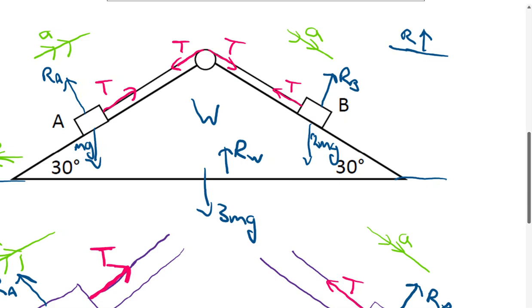So what's actually happening here is if A is experiencing a reaction from the wedge, the wedge is experiencing an equal and opposite reaction from A. Hence the whole equal and opposite reaction thing.